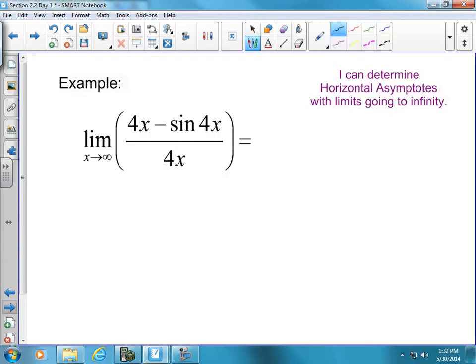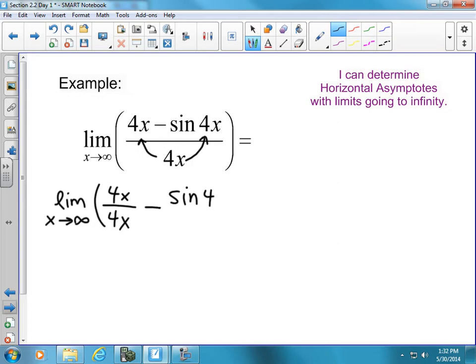All right, now we're going to use one of the properties and also some fancy algebra to figure out this one. I'm going to distribute my 4x, which is on the bottom, to look like this. And this is an equivalent statement. I haven't changed the meaning of the statement. I just used my fancy algebra to figure it out.